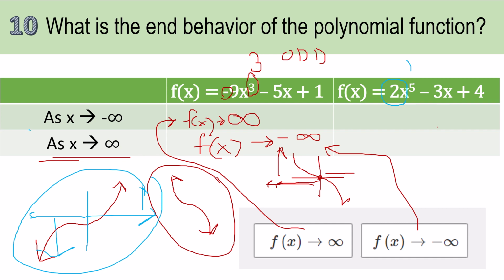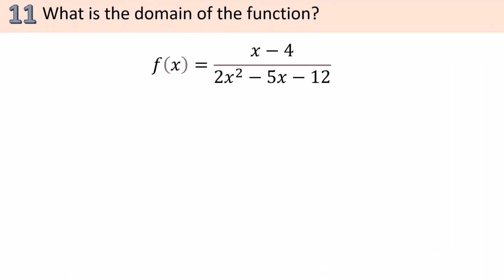As x approaches negative infinity, so that's going in this direction, f of x is going to approach negative infinity. Now as x approaches positive infinity, f of x approaches positive infinity. This can get confusing, I do understand. So use your notes on your test. Yes, you can use your notes and your calculator.